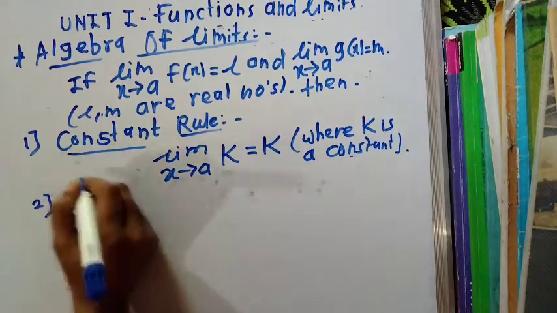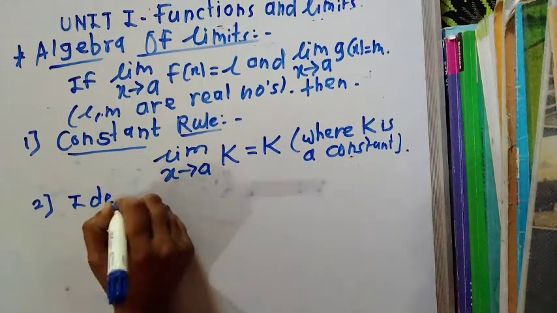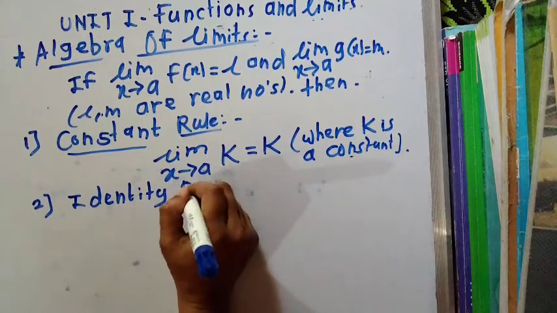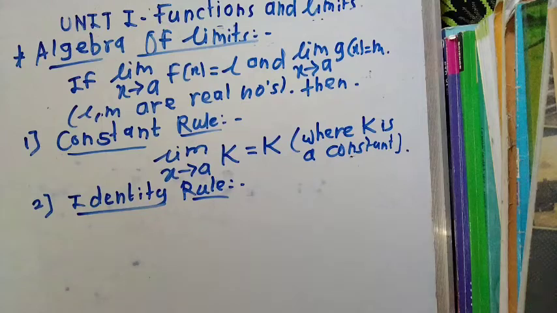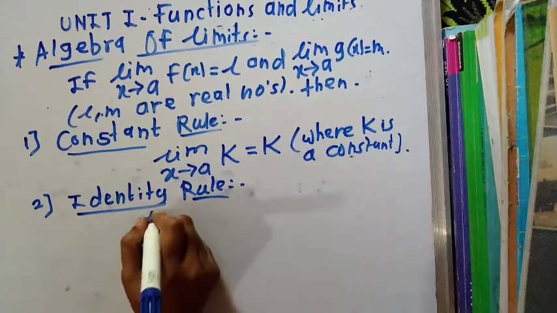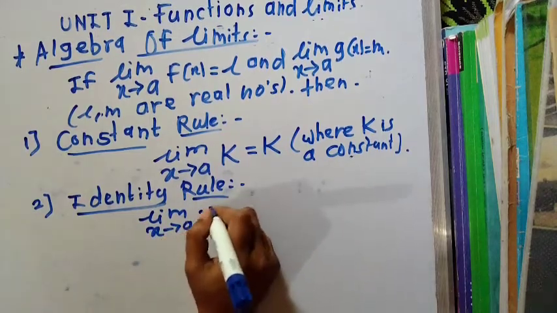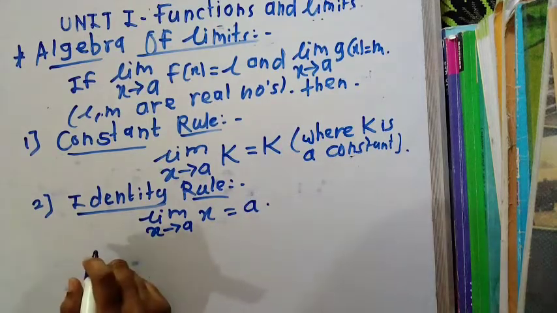Then second is the identity rule: limit x tends to a of x is equal to a.